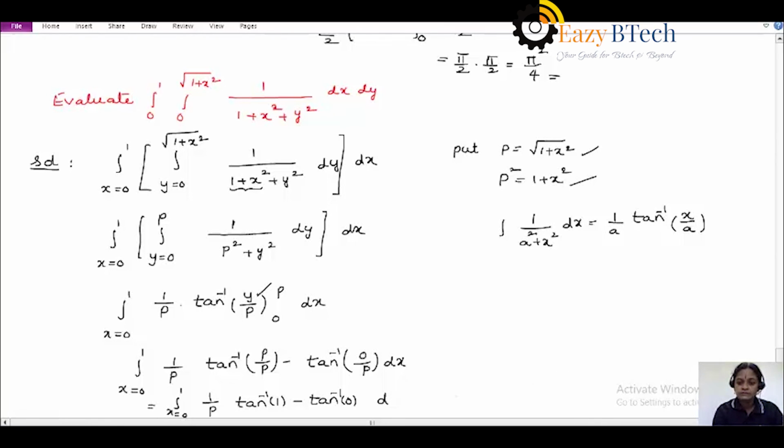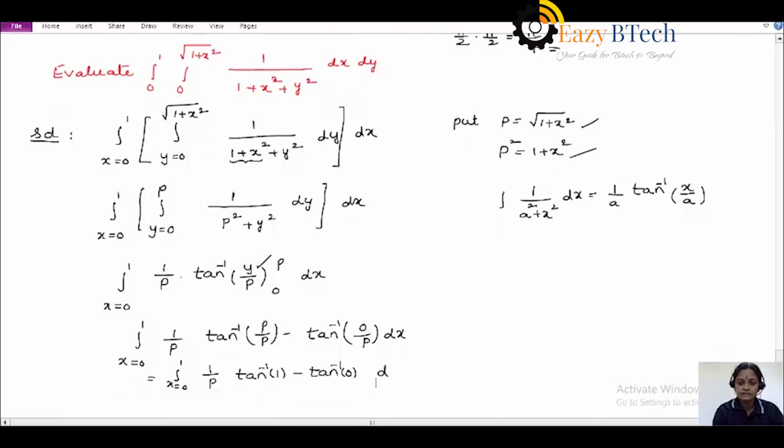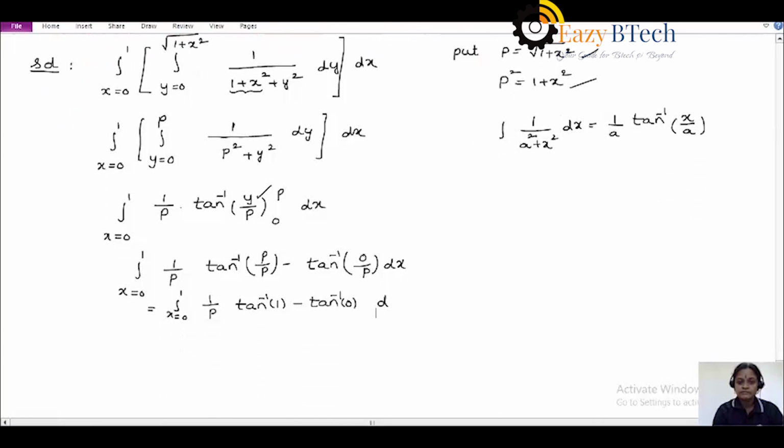What is the value of tan inverse 1, students? Tan inverse 1 is pi by 4 here. Okay, tan inverse 1 value is pi by 4. I am doing the substitution. So integral x is equal to 0 to 1, 1 by p, tan inverse 1 is pi by 4, tan inverse 0 is 0, into dx.